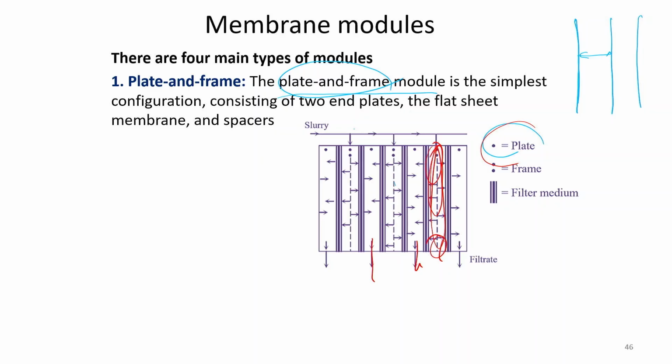The frame is kept between the plates, and there the slurry is cleaned and clean fluid is collected from the other side. If we want to replace, we can replace this frame, the filter media, that is the membrane, and fix it on the frame.